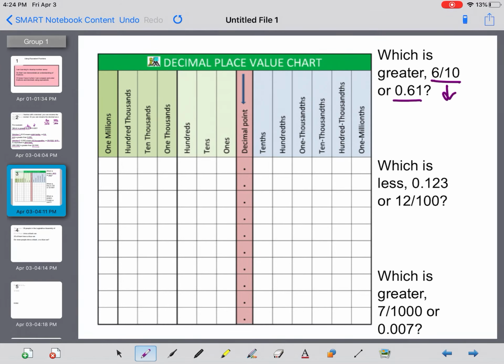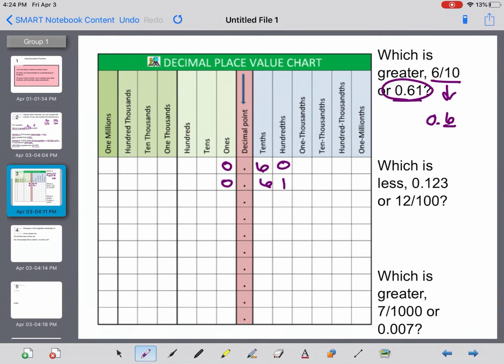I know that I have only one place value after the decimal, and it's a 6. So I have 0.6 and 0.61. I can put a placeholder right here, which would be a 0, so I know that in fact this number is larger by 1/100th only.